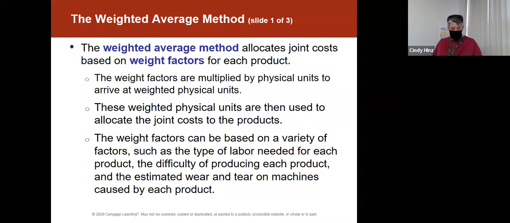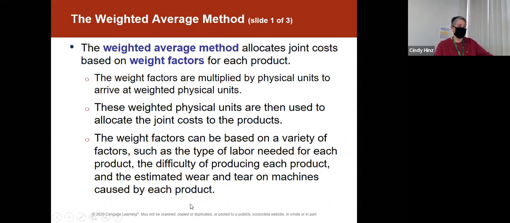For our purposes, you are not going to have to determine what the weighting factors are. We will be told that in any exercise or problem that you have to do. And that's really the hard part, is determining what weight should we be applying here. So if this was a real situation where you had to figure that out, that's the more difficult part.